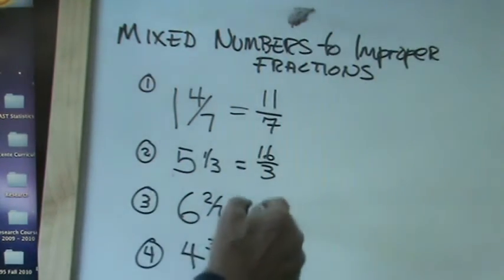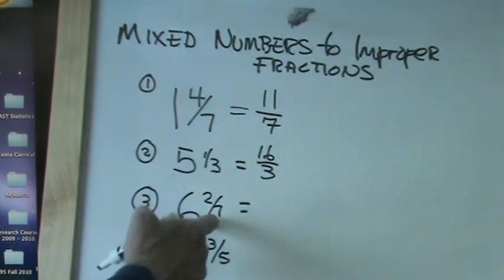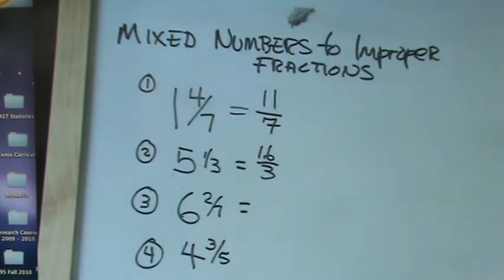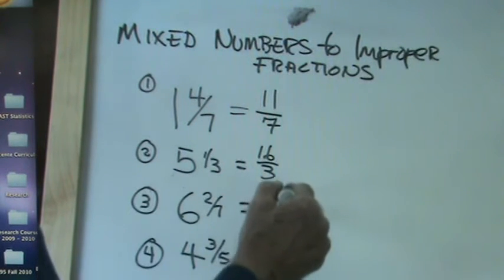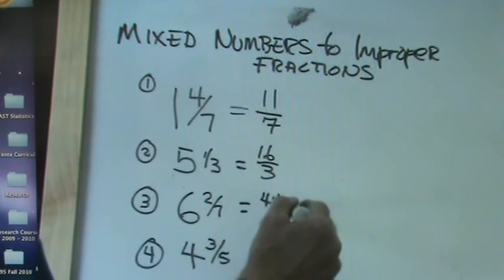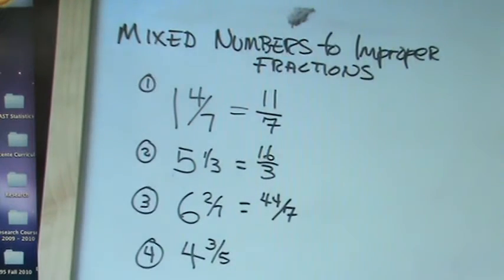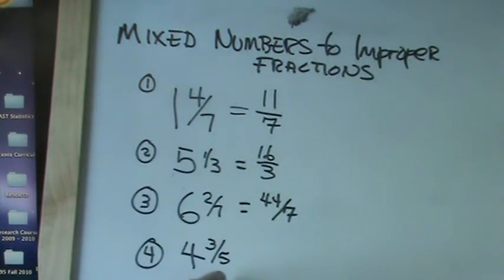Number 3, we multiply the denominator times the whole number. 7 times 6 is 42, 43, 44. 44/7. And finally, 4 3/5. 5 times 4 is 20, plus 3, 23/5. So, pretty easy.